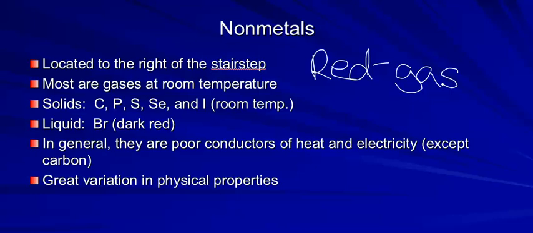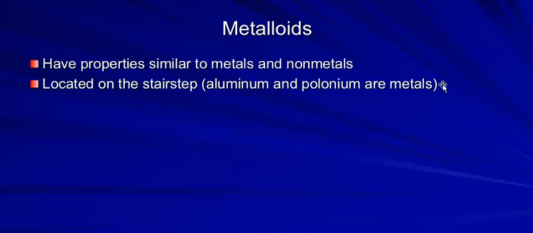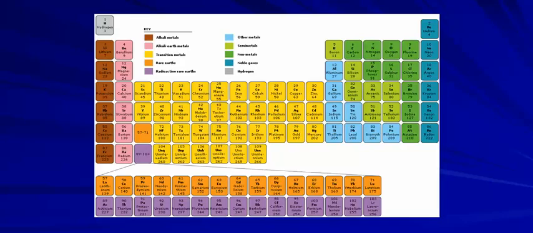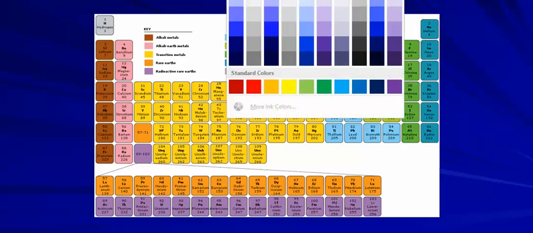And then the third category that we can group elements into are metalloids. So you have metals, nonmetals, and metalloids. Metalloids have properties similar to metals and nonmetals, so they kind of fall in the middle there. And they're located right on the stair step, except for aluminum and polonium, which are metals. So go back to the periodic table, and again, we can draw in this stair step here.